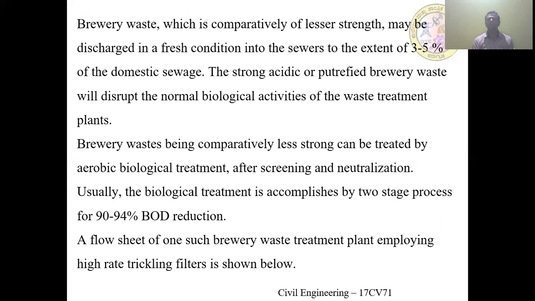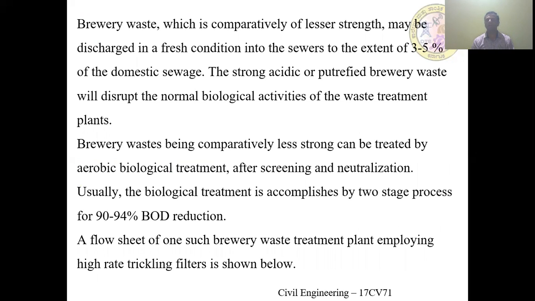Then how can we minimize this? Brewery waste, which is comparatively of lesser strength, may be discharged in a fresh condition into the sewer to the extent of 3 to 5% of domestic waste. Strong acidic and putrefied brewery waste will disrupt the normal biological activity of the waste treatment plants.